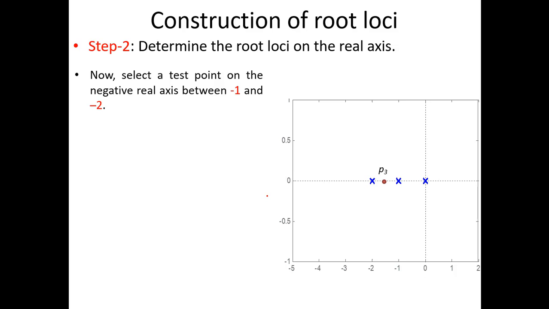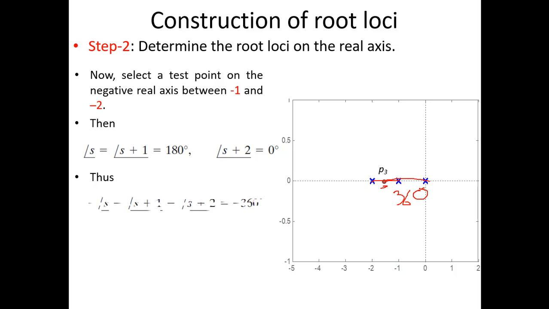Now if you take this point P and put it in between this area, you can see that one angle of 0 is over here, and there are two angles of 180 degrees over here. If you add 180 plus 180, you get 360. But we have to get odd numbers of 180, and we are now getting 360, which is an even multiple of 180 degrees. So this point P3 will not be included in the root locus.